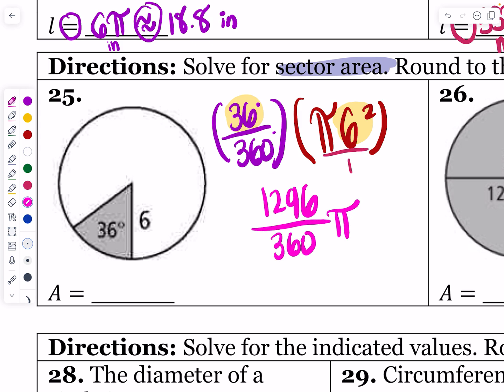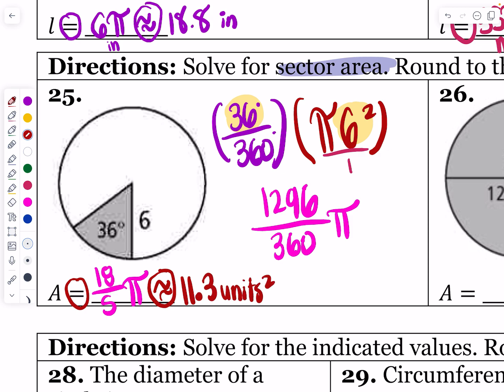And so when I simplify that, my improper fraction is going to be 18 over 5 pi. That is exactly what the area of this is, so that's going to be units squared. What is that approximately? Well, now I can actually just type that in. That's going to be approximately 11.3 units squared. So again, I'm going to put both answers on there.